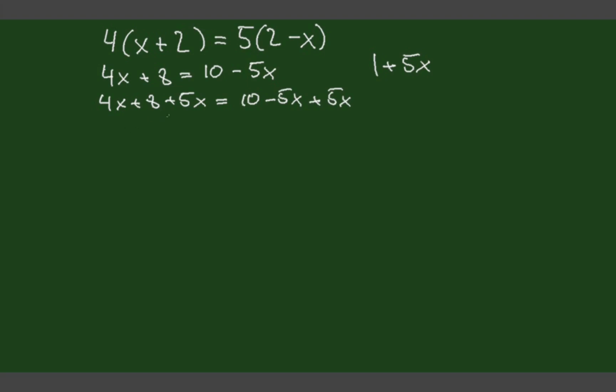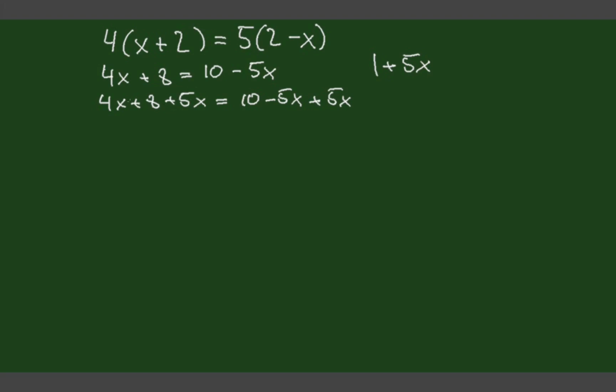Okay, now that I can simplify. Actually, let me rewrite that just in case you're not all that familiar with the commutative property. It doesn't really matter which order I write a series of sums like 4x plus 8 plus 5x, as long as I remember to keep the sign with the actual number.